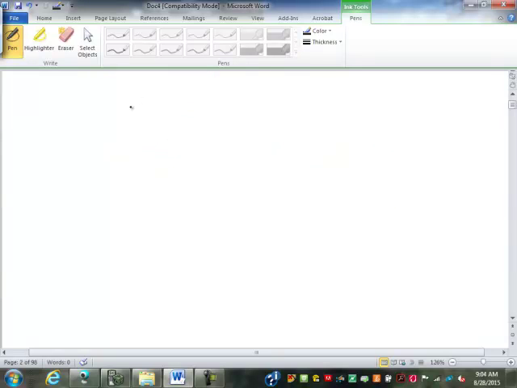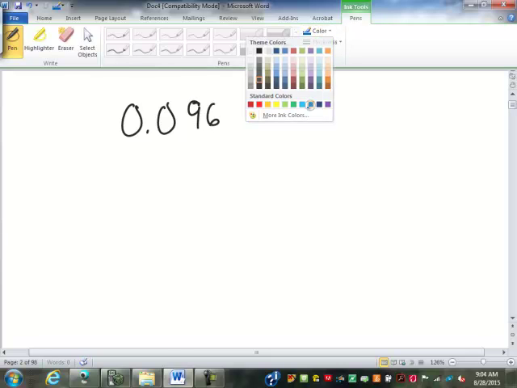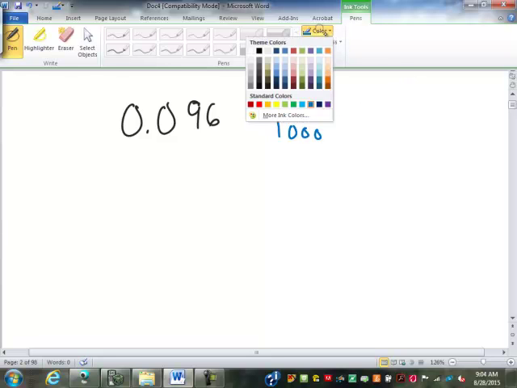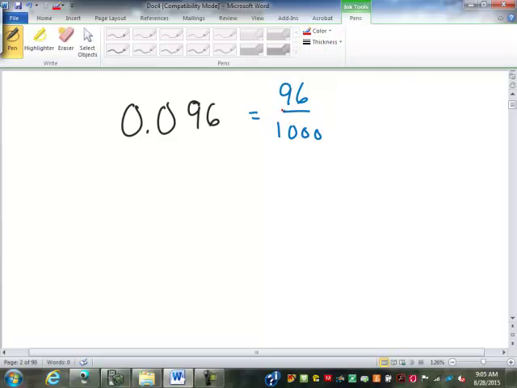Now, I've already talked a little bit about taking something like 0.096 and turning it into a fraction. What's that going to become as a fraction? 96 over 1,000. Okay? And of course, that can be reduced. Let's divide by 2. 48 over 500.